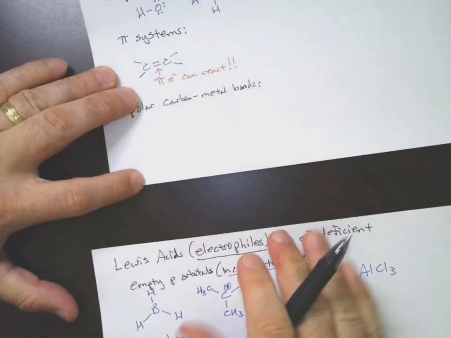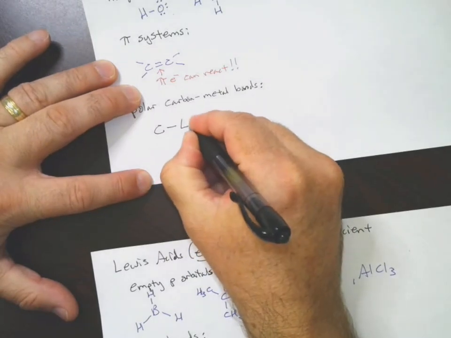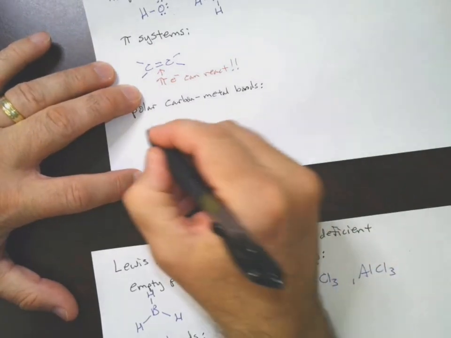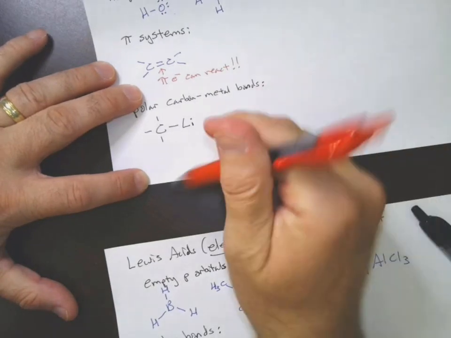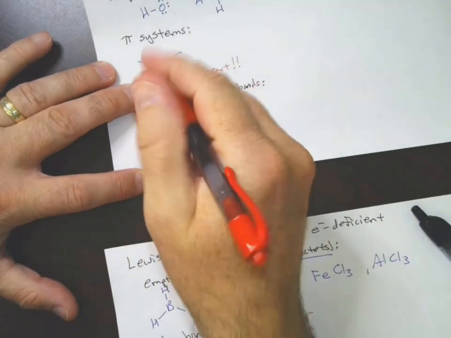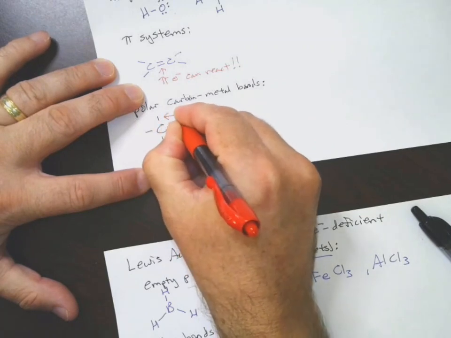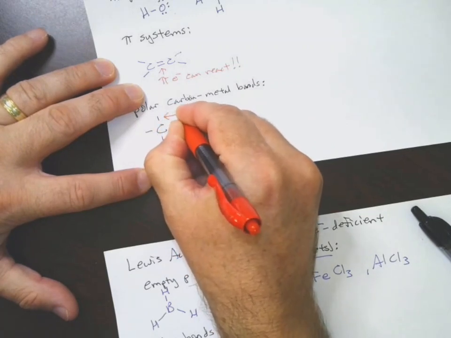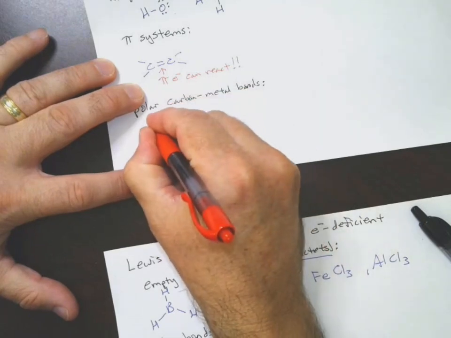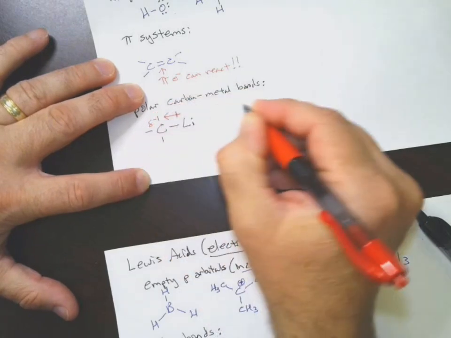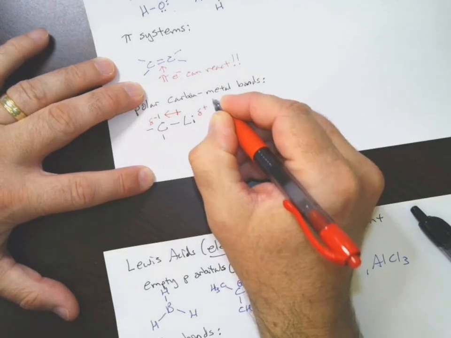What if we had a carbon that was bonded to something like lithium? Now, lithium is very low on the electronegativity scale, so in this case, our bond polarization is going towards the carbon. So now I've got a partial negative charge on the carbon and a partial positive charge on the lithium.